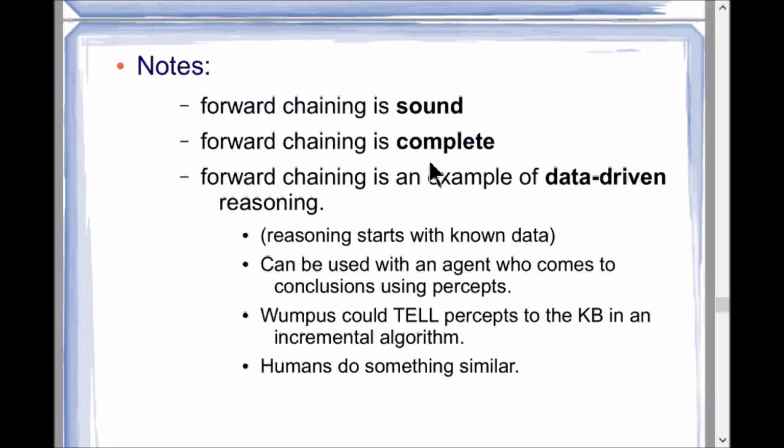So let me give you an example. If you have Wumpus World, that agent could do a tell, right? And it would feed its percepts into the knowledge base, okay? And in such a knowledge base, you could then use an incremental chaining algorithm to add new facts to what was referred to as the agenda in the algorithm, which could then begin new inferences, or that could get you some new inferences.